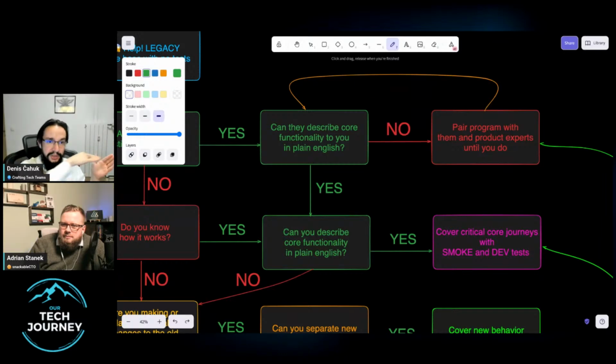Because you are now in a position where you say it works, and I can kind of describe why it works, test against that immediately, and do this outside-in legacy TDD cycle, where you start with smoke tests and you keep suffocating the problem with smoke tests until you know that if you make a really bad mistake, the smoke test will immediately alert you. It won't tell you what the problem is, but because you're making such small tests, you can tell, okay, these 3 diffs were the problem, these 3 commits were the problem, and then you can slowly build up the confidence to start refactoring the system.